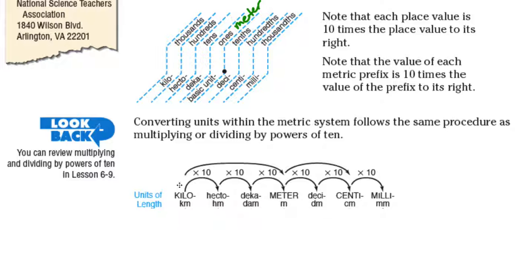If you move from kilometer to meter, you're multiplying by 1,000 because you're multiplying by 10 times 10 times 10. Just count the number of zeros: 1, 2, 3. That gives you 1,000. And if you're converting from meter to centimeter, you're multiplying by 100 because you're multiplying by 10 times 10, or 100. Just count the zeros again: 1, 2, and that gives you your 2 zeros in 100.